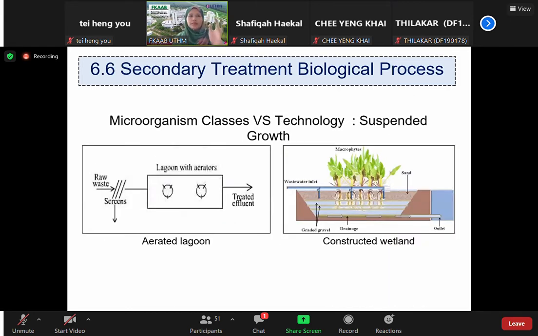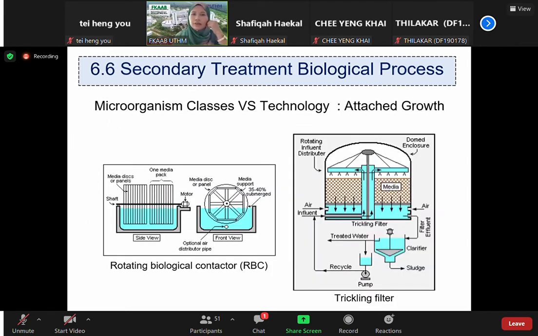If attached, we need some media for them to grow. Okay, for example, we have the lagoons with aerator, or we have the constructed wetland, so that the microorganisms attach to the roots to do this decomposition process. Or we have this very high tech technology, the rotating biological contactor, where the RBC is the media support for the bacteria to grow.